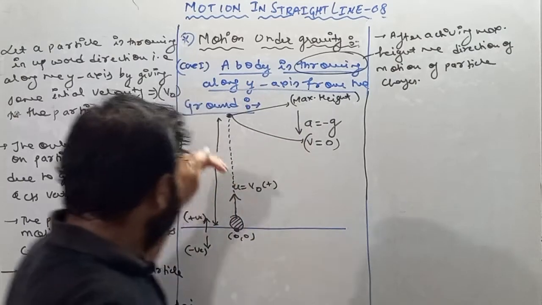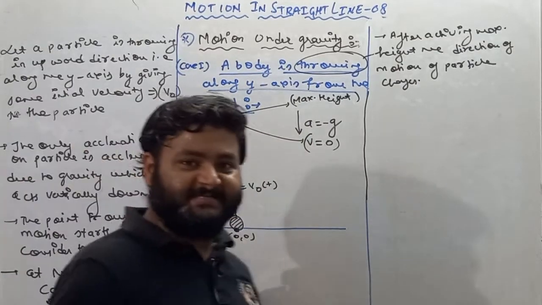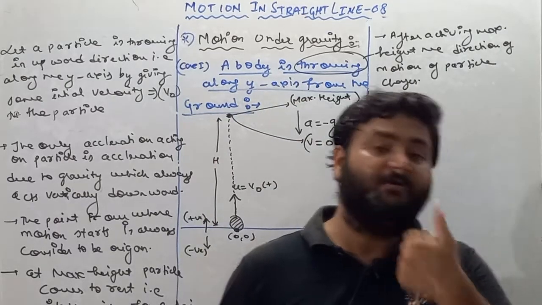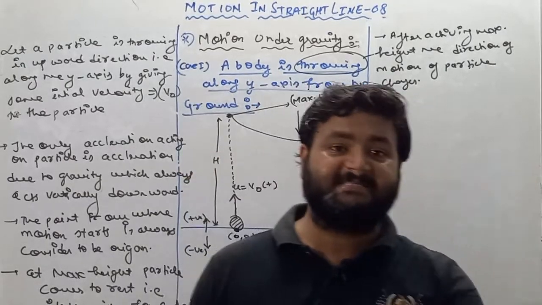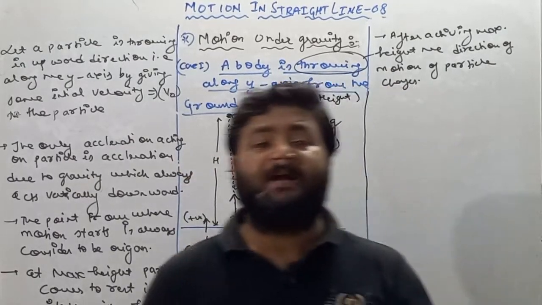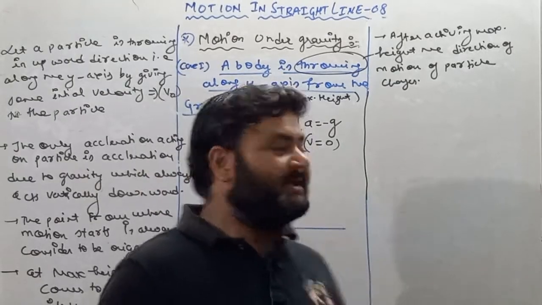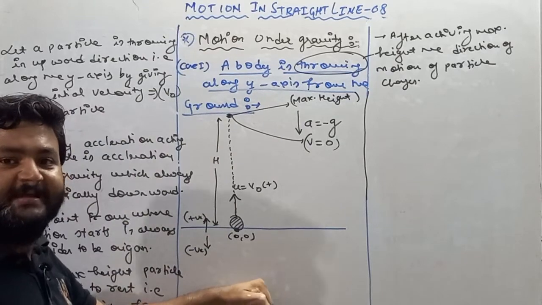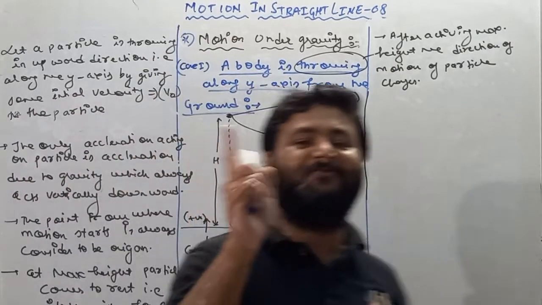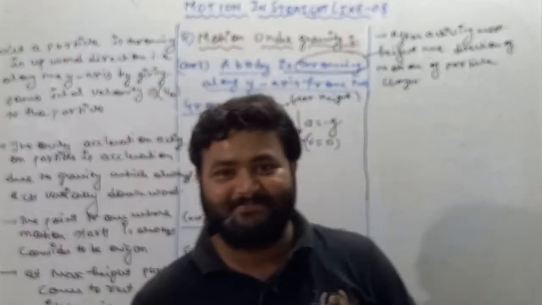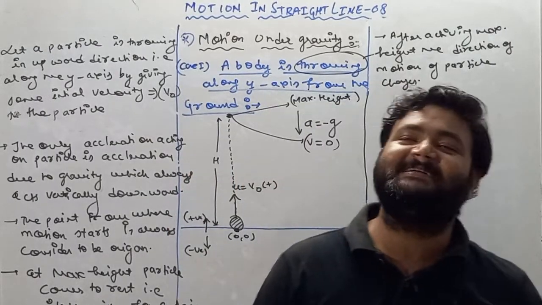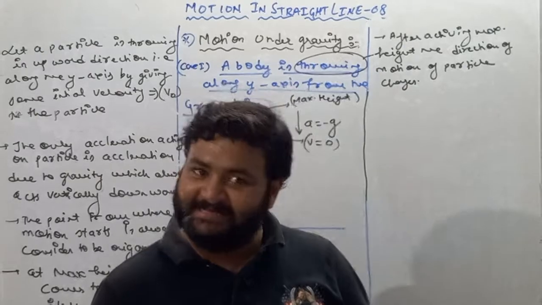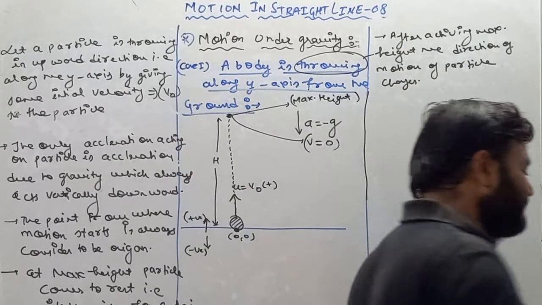That's why at a certain height it comes to rest, because continuously the speed is decreasing, because I already told you, if the direction of velocity and acceleration is different, then the speed of the particle continuously decreases. After achieving maximum height, the particle again comes back towards the ground. In that situation, the direction of velocity and acceleration is the same. So if the direction of velocity and acceleration is the same, then the speed of the particle continuously increases. Moving forward, my dear student.